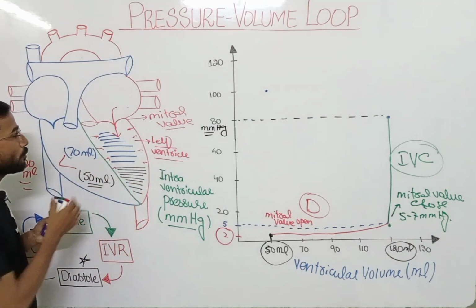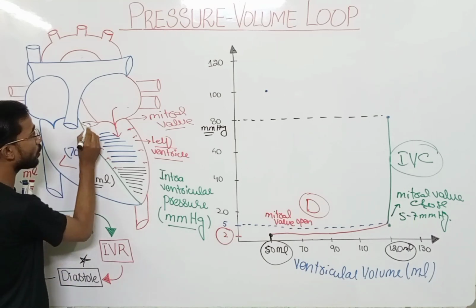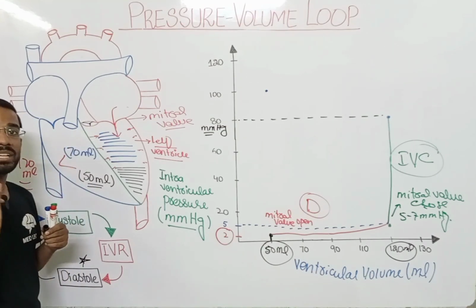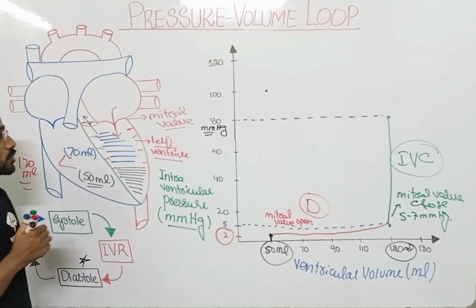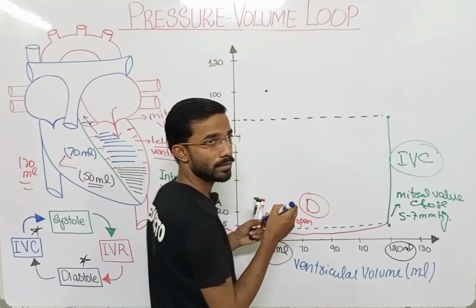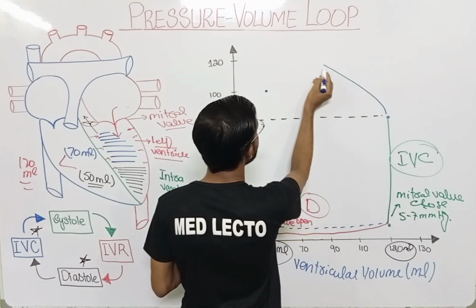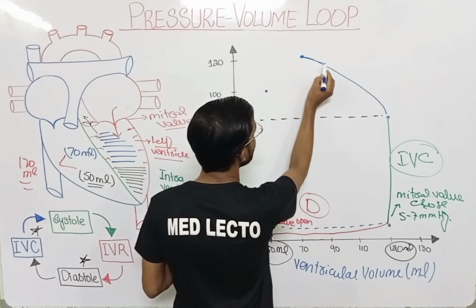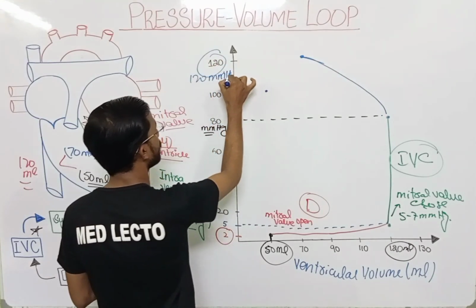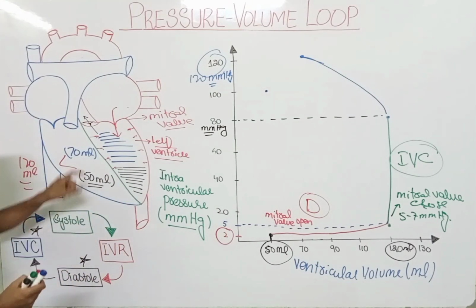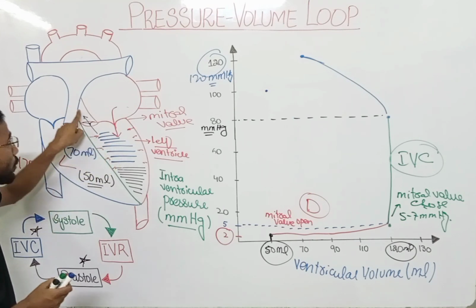So in this phase, when the left ventricle contracts, the aortic valve will open and the blood rushes into the aorta. The pressure in the left ventricle starts increasing and goes towards 120 millimeters of mercury, because the pressure in the left ventricle must be equal to or greater than that at the aortic valve.